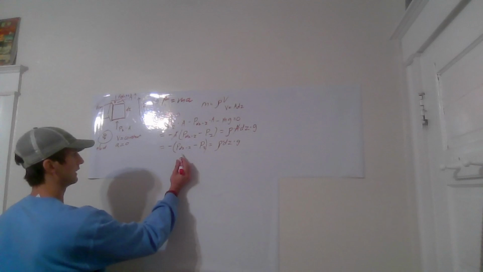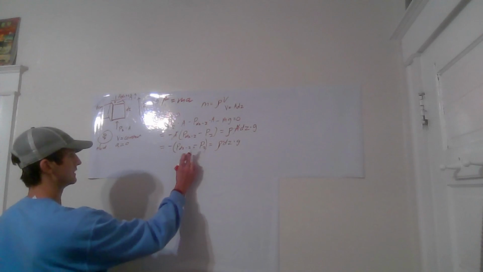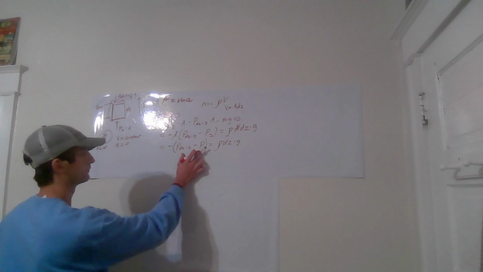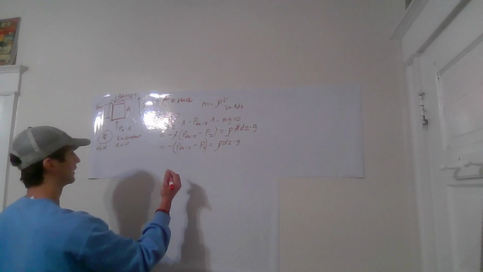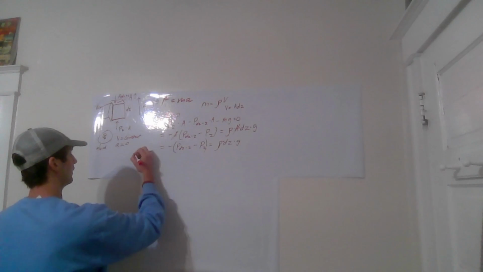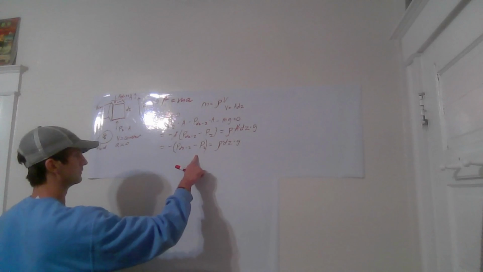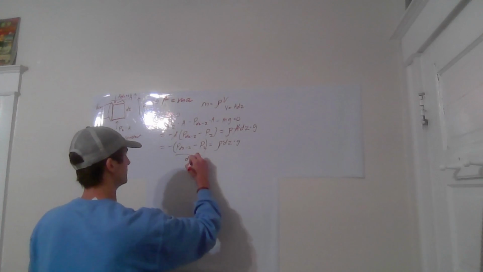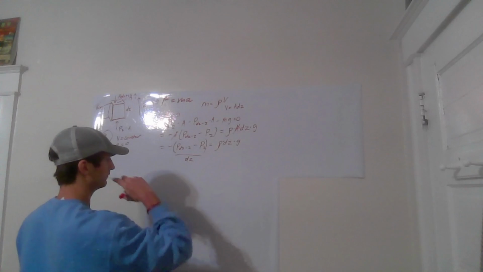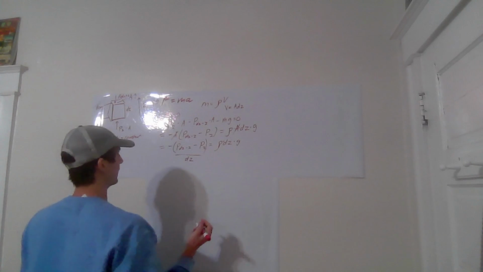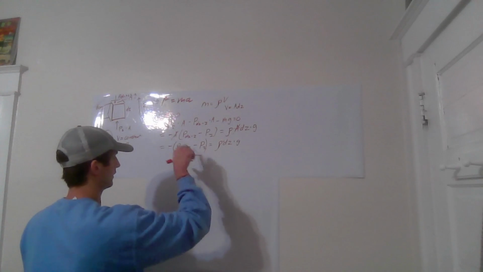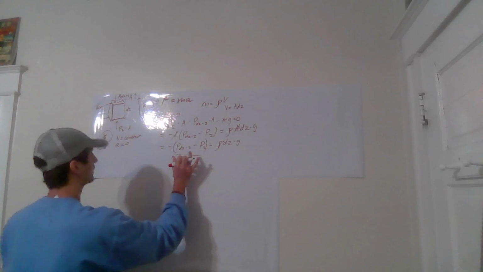This technically is our dz because it's the change in our z value. If we divide this side by our dz, this is going to be the change in pressure.